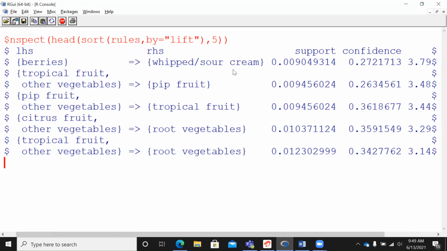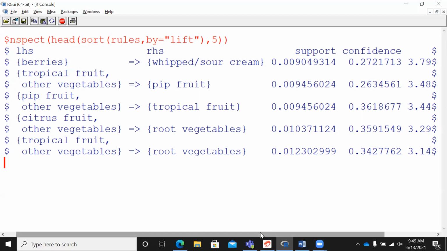Let me give you the example of John and Matthew. John is a person who has purchased berries. Matthew has not bought berries. If I pitch whipped cream to John, who has already bought berries, John is 3.79 times more likely to buy whipped cream as compared to a customer like Matthew.